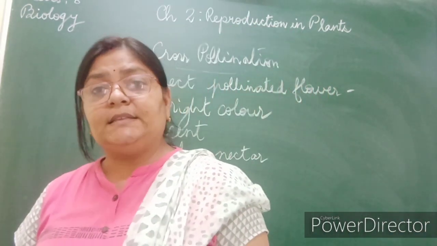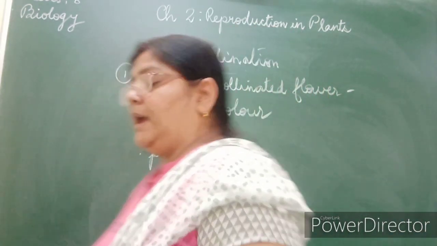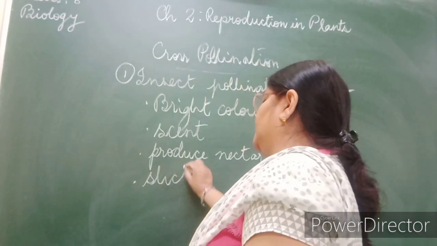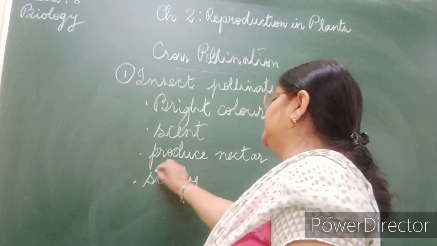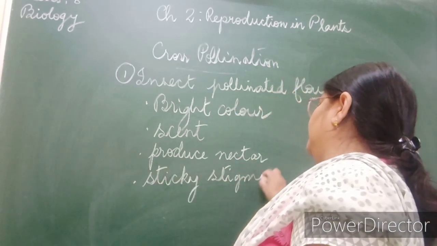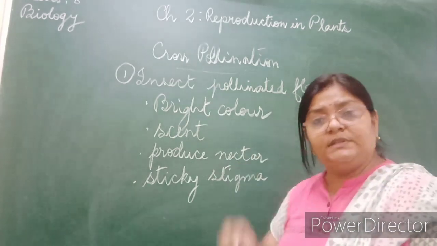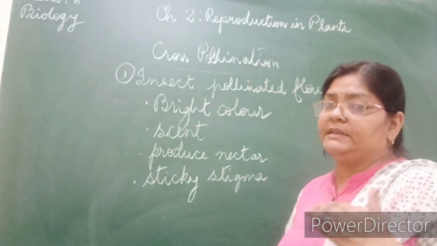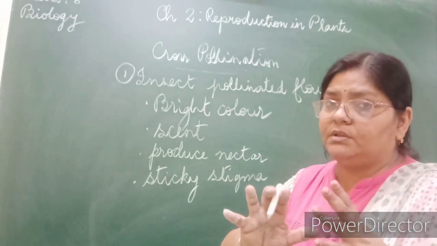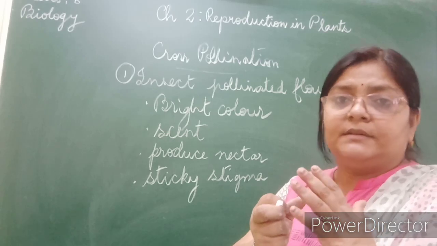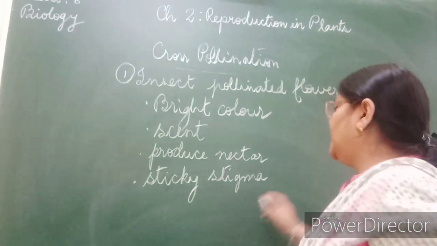Okay, it has a sticky stigma and sticky pollen grains. Because the stigma is sticky, when the insect visits the next flower, the pollen grains from its body get brushed on the stigma, and because the stigma is sticky, the pollen grains get stuck on it.